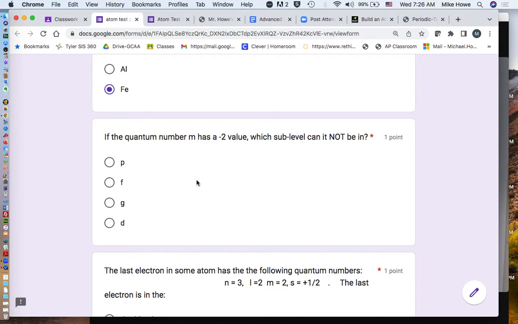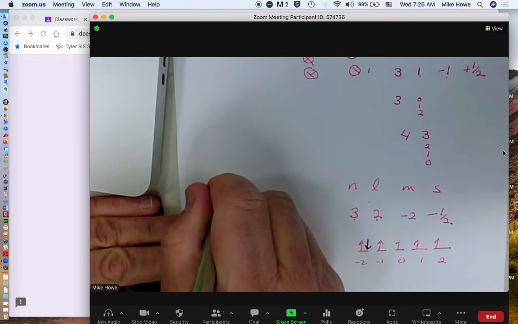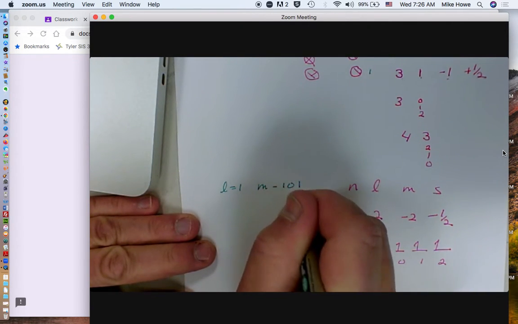Okay, if the quantum number M has a -2 value, what sublevel can it not be in? It has to be at least in a D or an F. So it can't be in a P, because if L equals 1, M goes from -L to +L. So if you have L equals 1, M can be -1, 0, and 1.